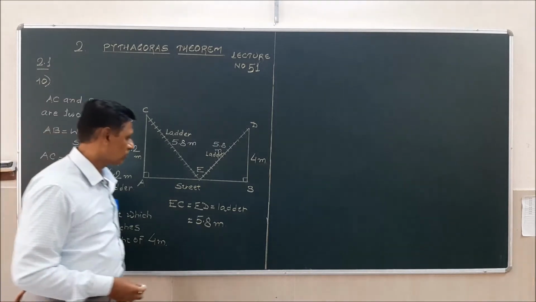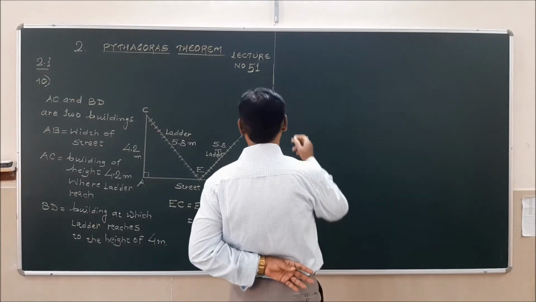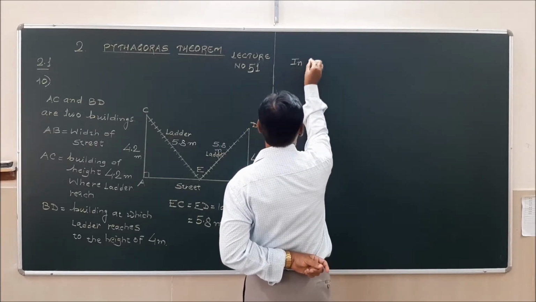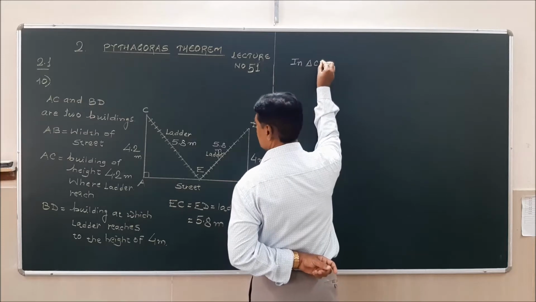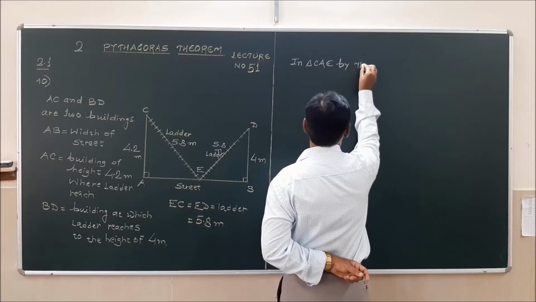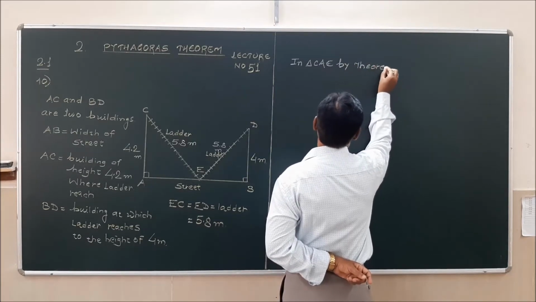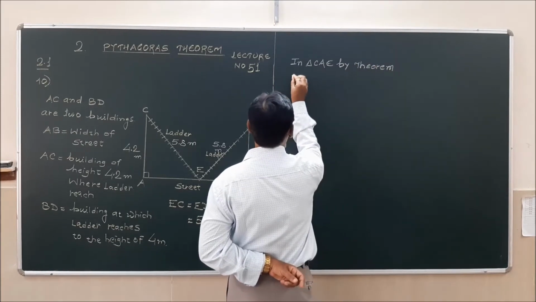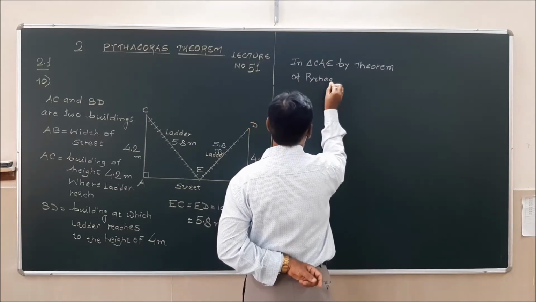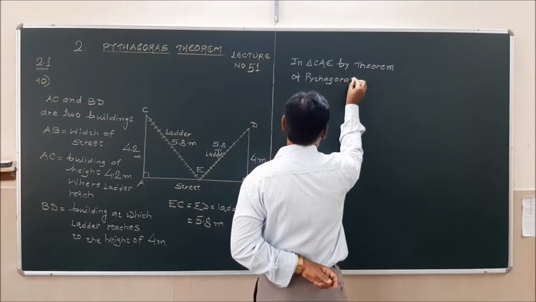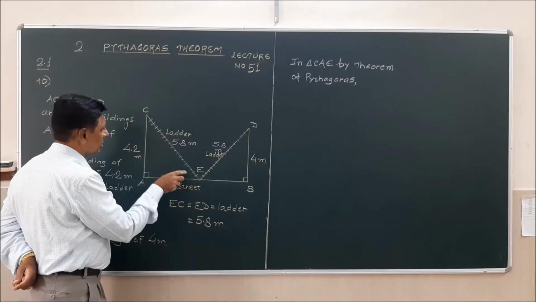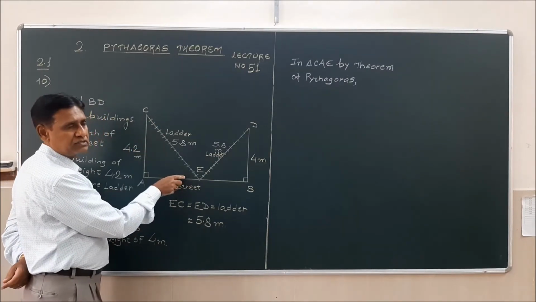Now I am going to find out applying the theorem of Pythagoras. So in triangle CAE, by the theorem of Pythagoras, you notice EC is the hypotenuse.